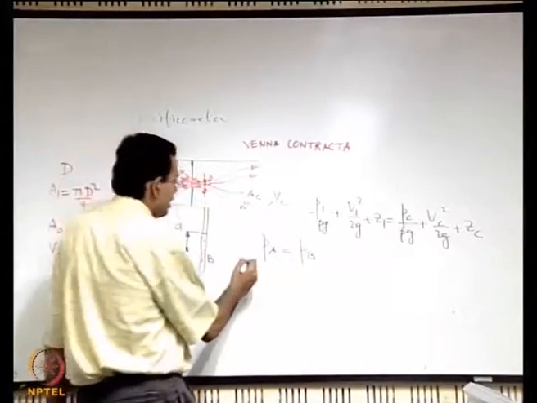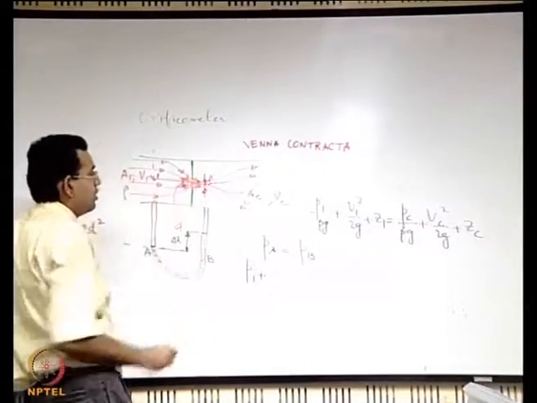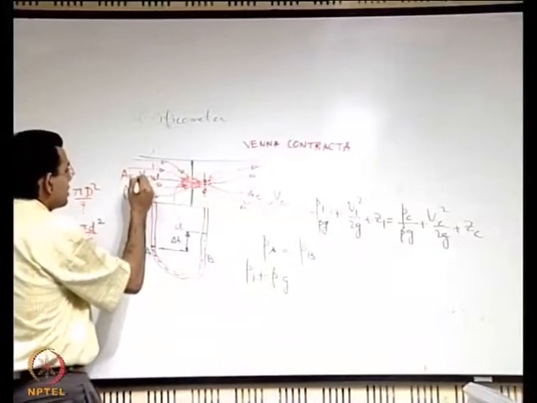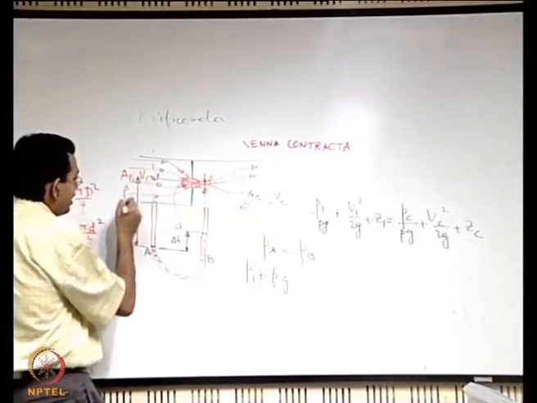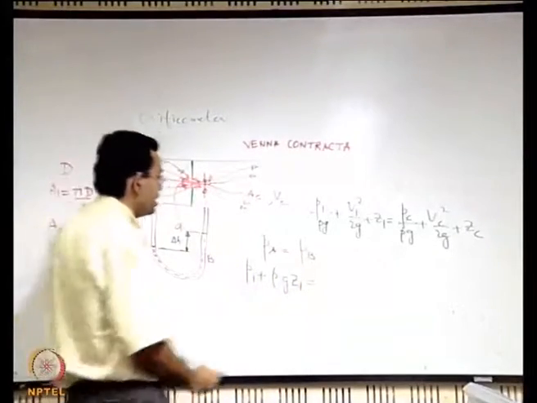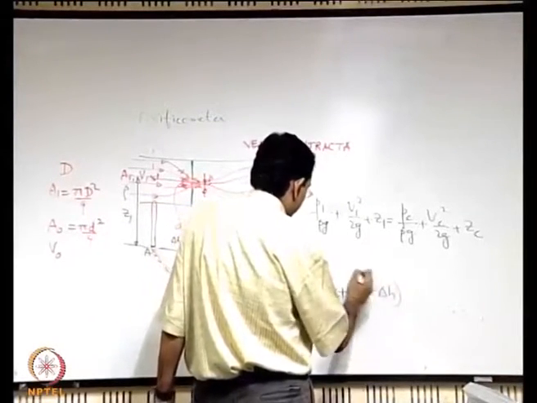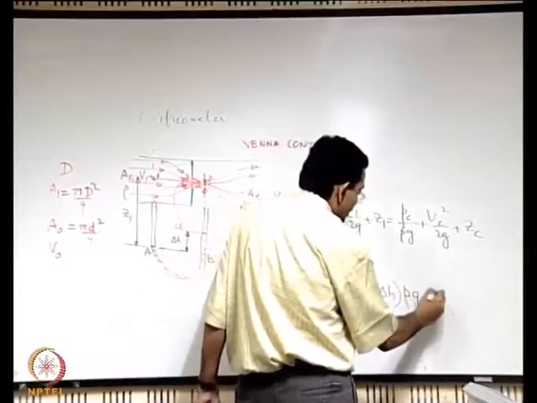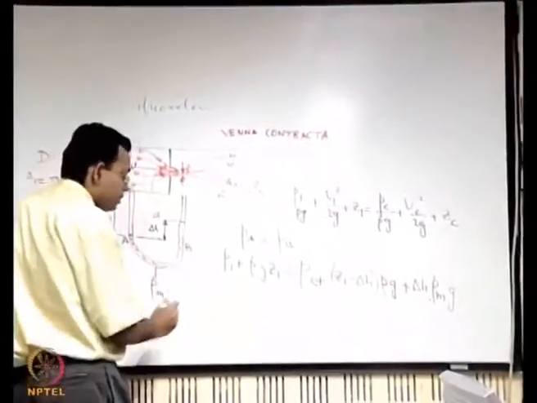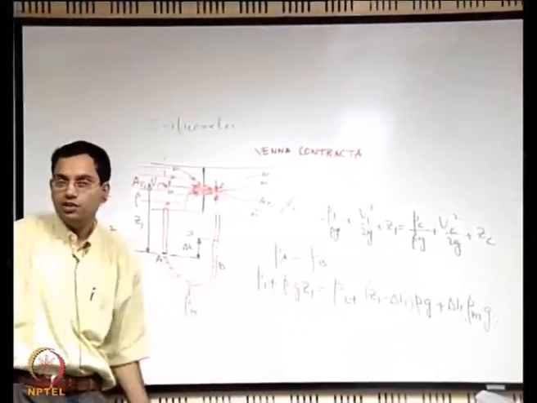So pressure at A is nothing but pressure at 1 plus, if rho is the density of the fluid that is flowing through the pipe, plus rho g, and let us say that this is the datum also with respect to which we measured the height. So rho g z1 is equal to pressure at B is equal to pressure at C plus z1 minus delta H rho g plus delta H into rho m g, where rho m is the density of the manometric fluid. This is the same equation what we had for the Venturi meter, there is no difference.